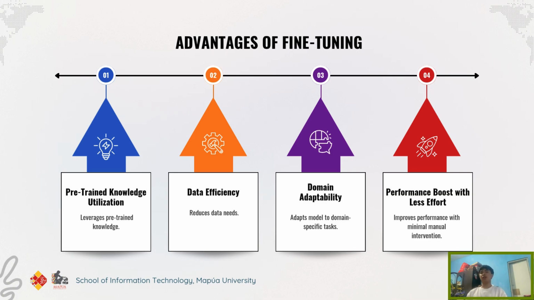Fine-tuning also allows for strong performance with fewer domain-specific training examples, making it beneficial for limited datasets in specialized computer vision applications. It also allows the model to learn the nuances of the target domain, resulting in substantial improvements in accuracy, precision, and recall.